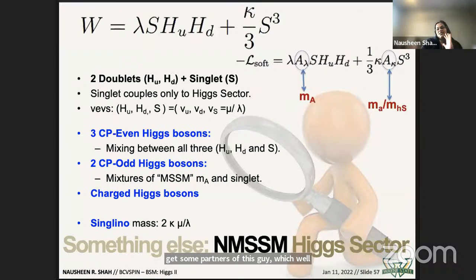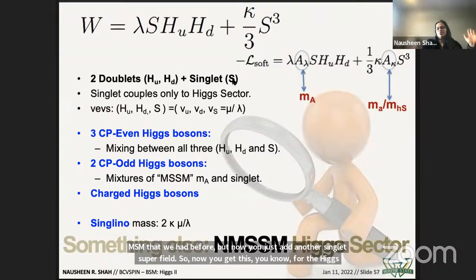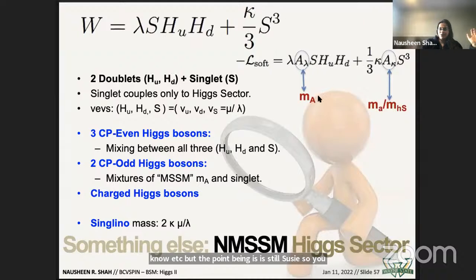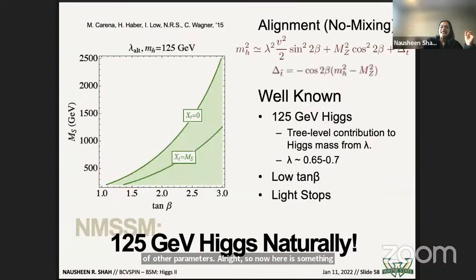But the point being, this is still SUSY, so you still only have a few parameters: this lambda, which governs the coupling of the singlet to the Higgses, this kappa, which is the self-coupling, and a couple of other parameters, all right? So now here is something really amazing: if you have alignment, no mixing, and this value of lambda between 0.65 and 0.7.